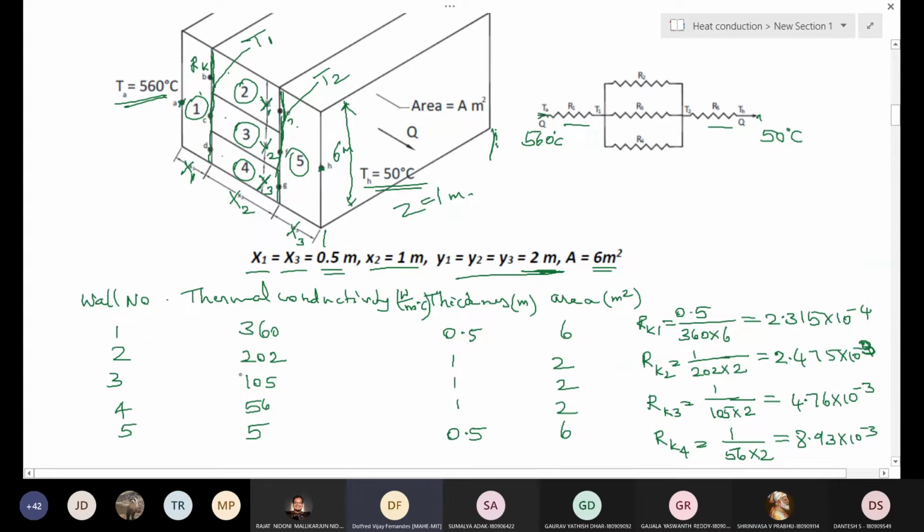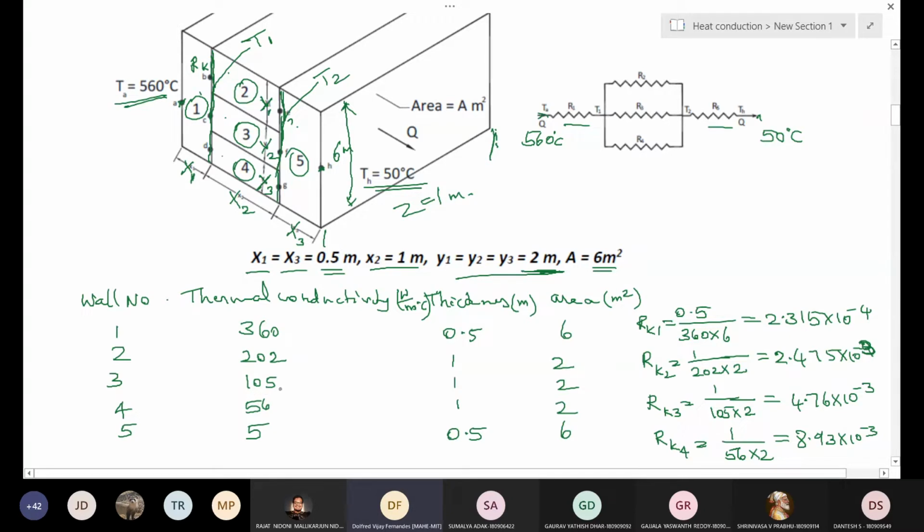Later if you calculate and find the ratio, you will see that the amount of heat transfer through the second wall is 2 times that through the third wall, because the ratio of thermal conductivity is 202 to 105, so almost 2 times. And the third wall conducts 2 times the fourth one.